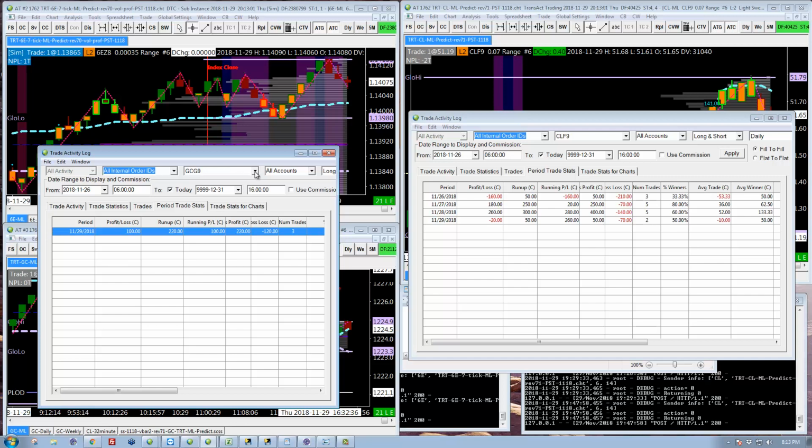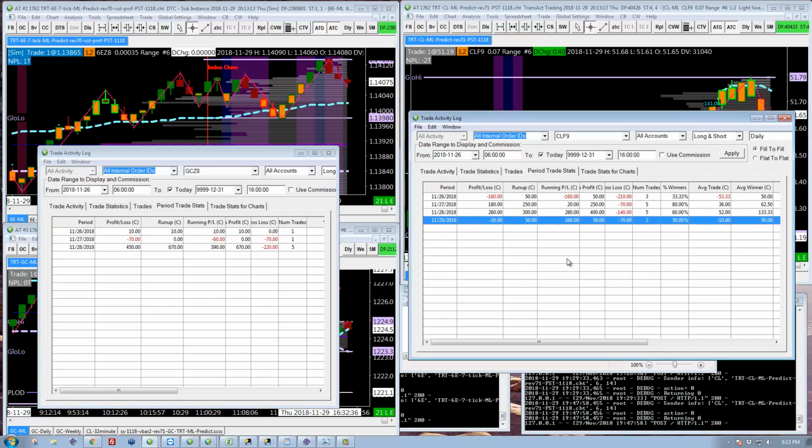So is that 490? I've already forgotten. Yeah, 490 in gold, and then in oil it's 260. So 490 plus 260 is some number I can't do in my head anymore. 750 on the week. Okay, so that's where we stand. We'll see what tomorrow brings.